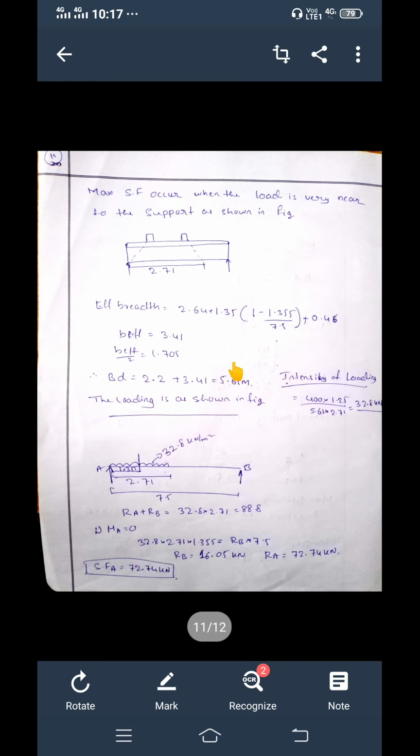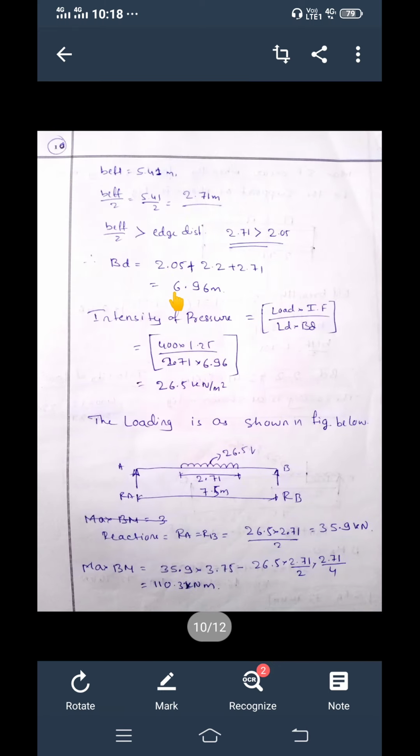It is alpha A into 1 minus A divided by L naught plus BW. Alpha is the same. A is what we are considering. When it is 7.5 we take the half, but in this case we are keeping it as near as possible.